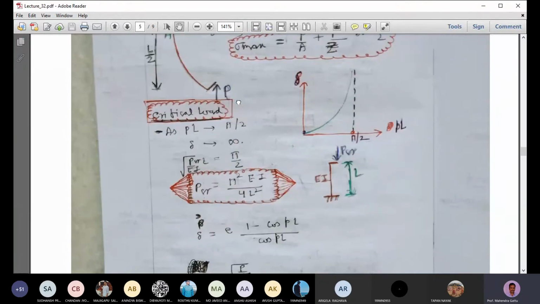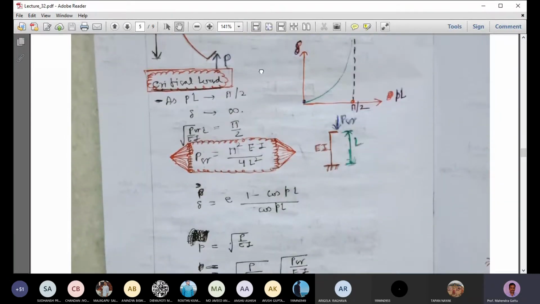Now again we'll come back to the cantilever column and analyze it one more time. Here we have the length of the column L, fixed at the bottom, and we are applying the P load. As small pL tends to pi by 2, the deflection delta goes to infinity.